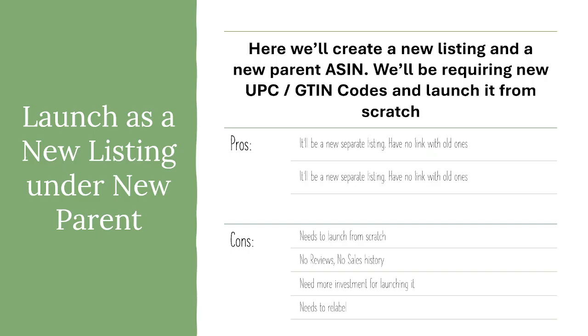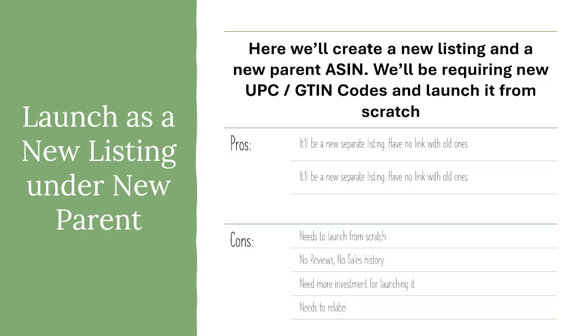In the first technique, launching as a new listing under a new parent, we will create a new listing and a new parent ASIN. We will need new UPC codes or GTIN and launch it from scratch.